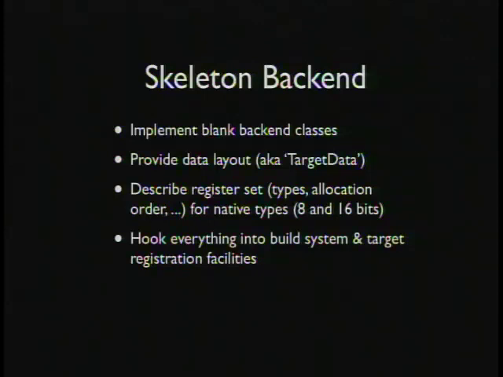In our case, it's 8 and 16 bits. Surely, one can proceed without this step and add the register classes later, but it's good to have them at this point, because it will give cleaner code in the beginning. Then all this should be hooked into the build system and registered in different places and so on.